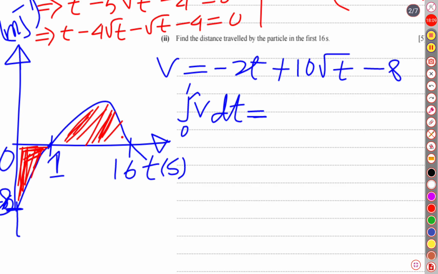So it is going to be negative 2, and you know the power of t is 1.